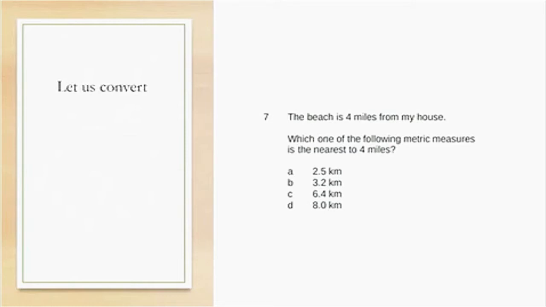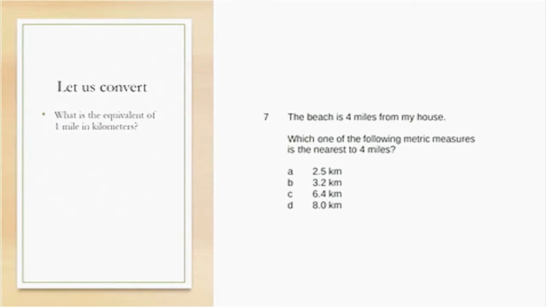You can see right now that you have 4 miles and your options are in kilometers. So you're going to have to do some conversion. But let's look at the information that is there. What you need to know is the equivalent of 1 mile in kilometers. So how many kilometers equal a mile?